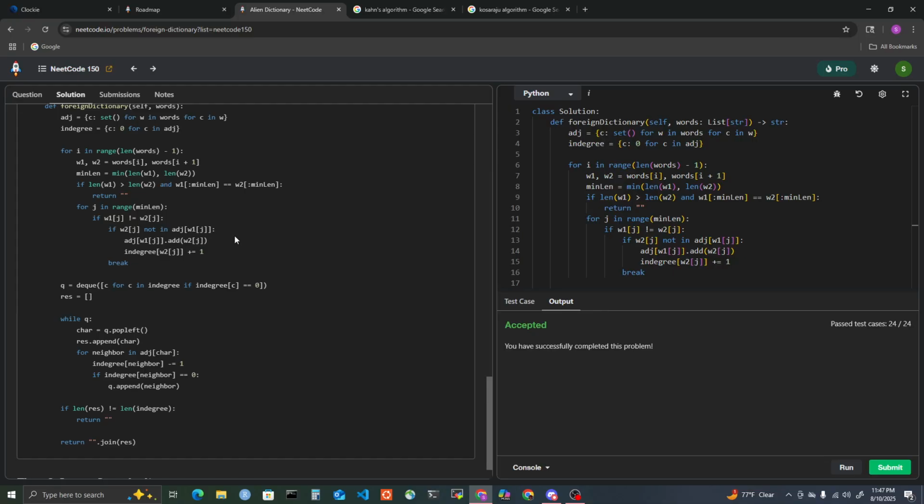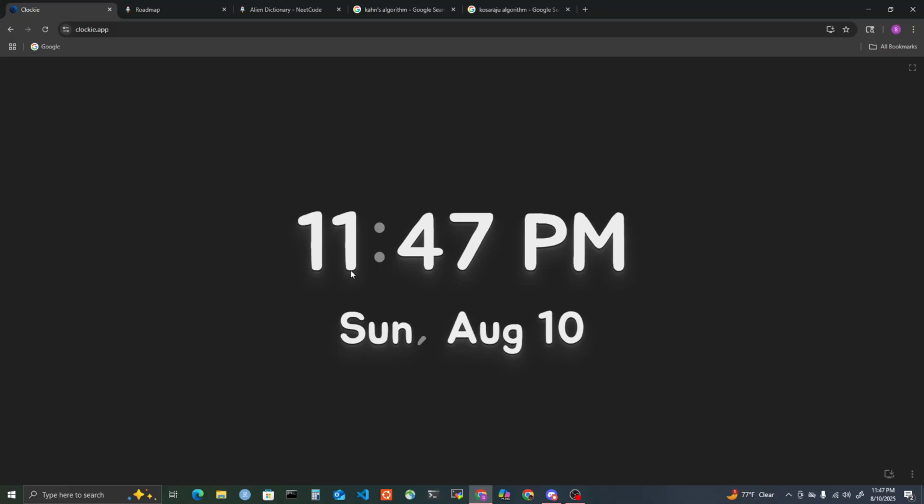So word 2 has to be less. And let's create the graph. Yeah, way too confusing for me. Not gonna lie, I'm gonna call it there. I'm beat. That did not help my brain at all.